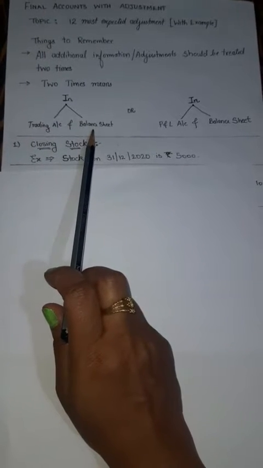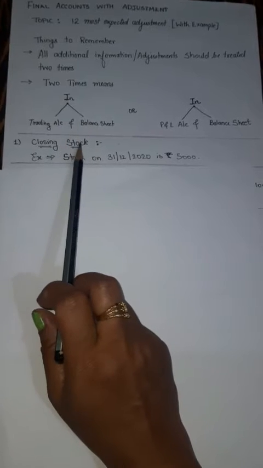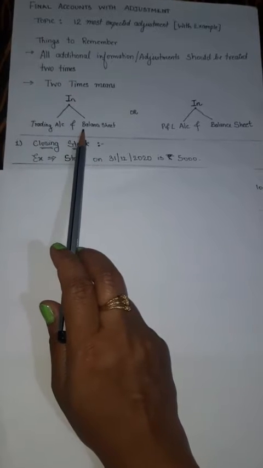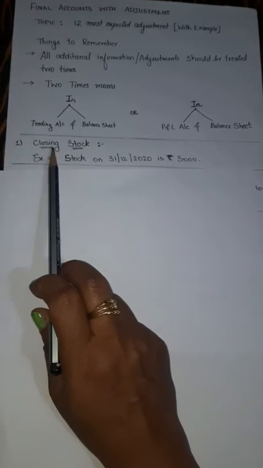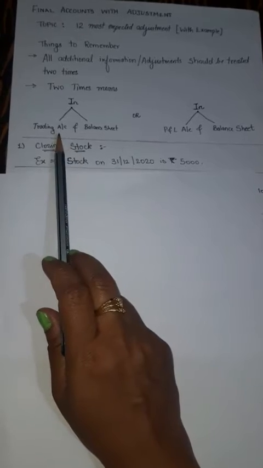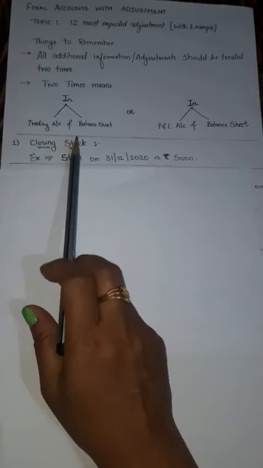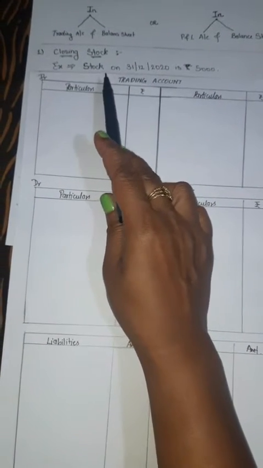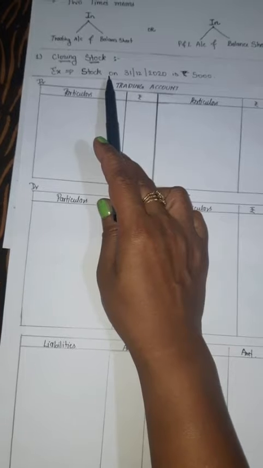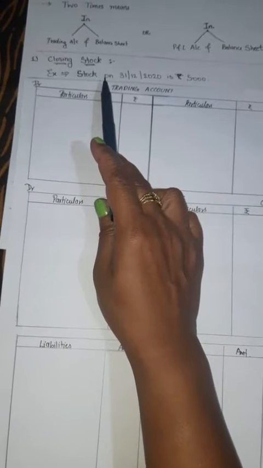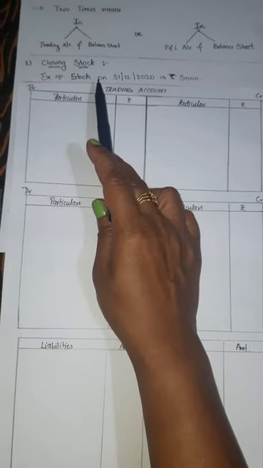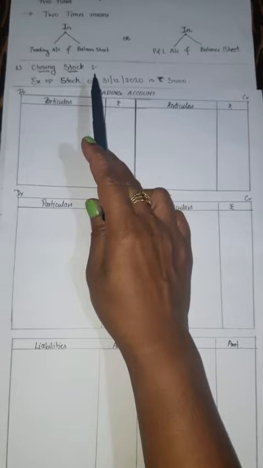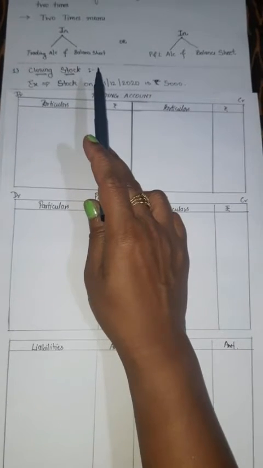Now, let us post the closing stock in the respective final accounts. So, children, I am going to post this closing stock. I told you that in your question they will give you a trial balance. Trial balance has only one effect, that will be shown in either trading account, profit and loss account or balance sheet.